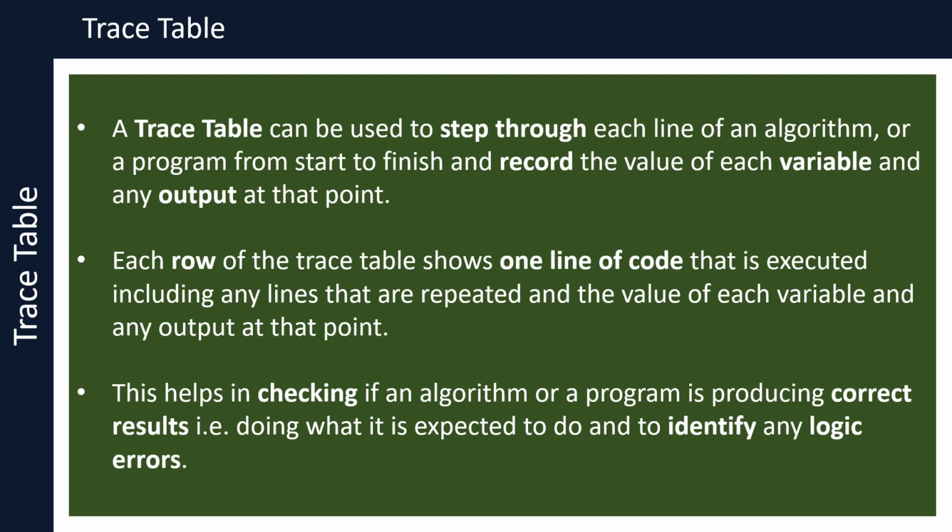Each row of the trace table shows one line of code that is executed, including any lines that are repeated, and the value of each variable and any output at that point. This helps in checking if an algorithm or a program is producing correct results, i.e., doing what it is expected to do, and to identify any logic errors.